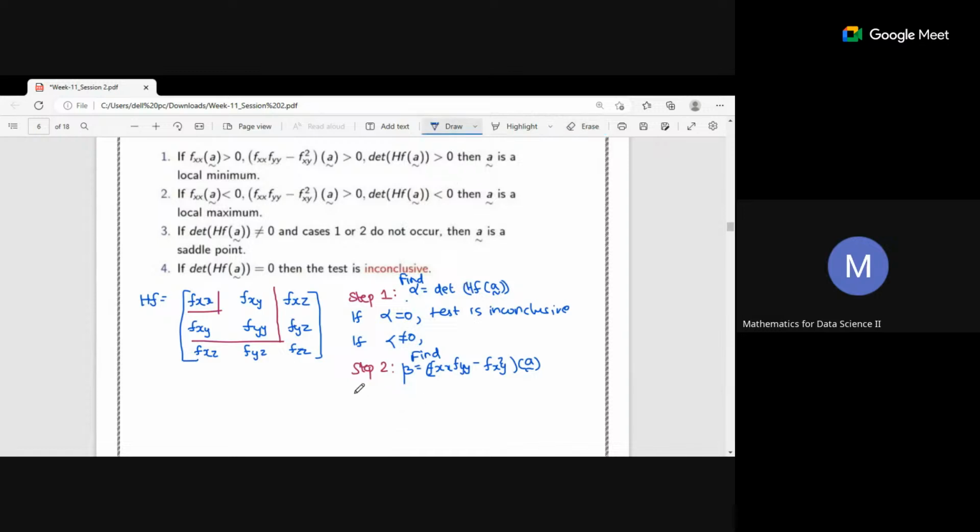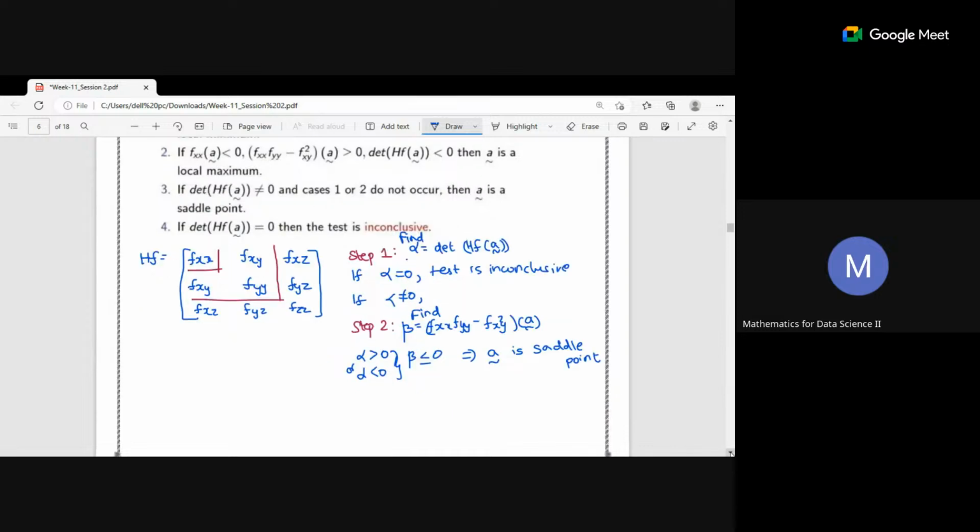Alpha is either positive or negative and your beta is less than or equal to 0. In that case, you can write A tilde is a saddle point.